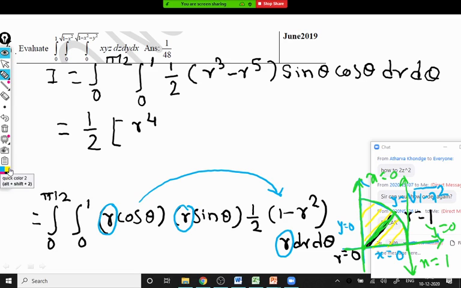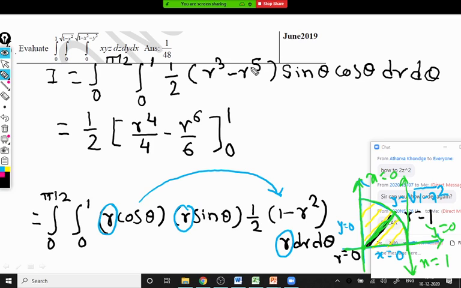Okay, so tell me the integration of r cube. This is r raised to 4 by 4, then r raised to 6 by 6, limits 0 to 1. What about the 0 to pi by 2 sine theta cos theta? We'll convert it into sin 2 theta.